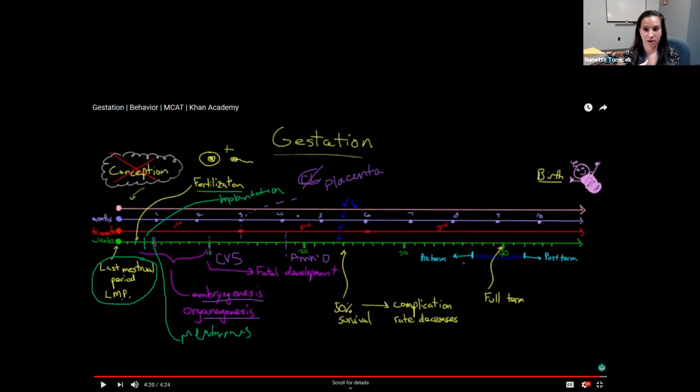So this is often why miscarriage is common in that window. Okay, you're losing the corpus luteum and the placenta just isn't making the right hormones, or there's something wrong there.